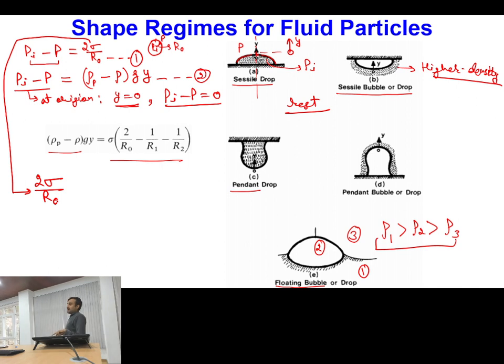Now I will add one term which will give me value of right hand side equal to 0, particularly at origin. So that's why what I have done over here is minus sigma by R1 plus sigma by R2, and this term is included in such a way so that at the origin I am getting the pressure because of the surface tension equal to 0.